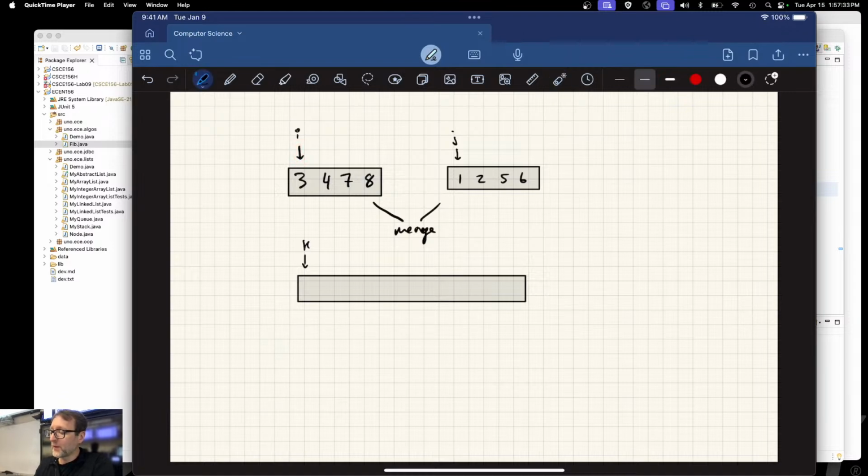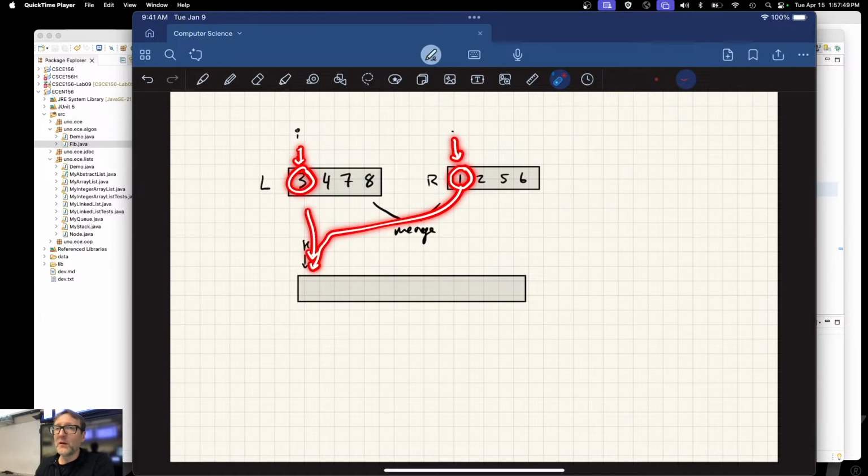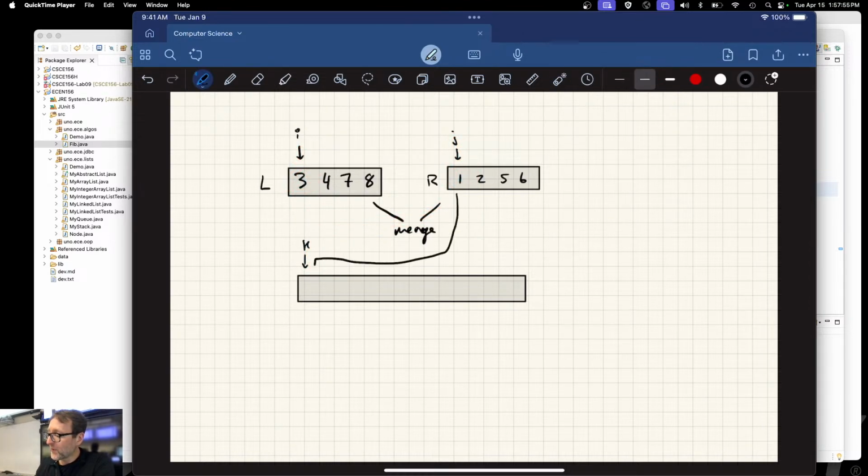This is the left one, and this one is the right one. I'm going to look at L sub i and R sub j here. In other words, 1 and 3. Which one of these would go first into the resulting array? The least one. So I'm going to go ahead and copy this over.